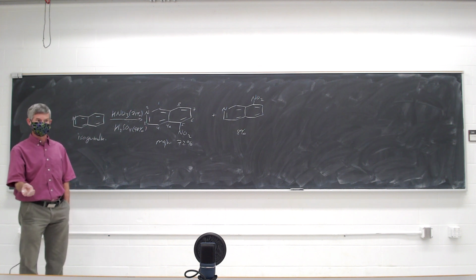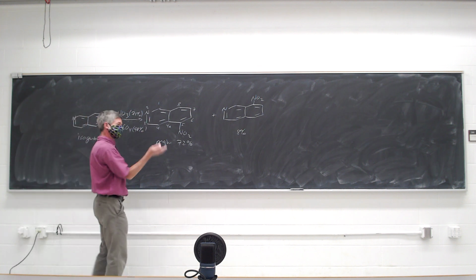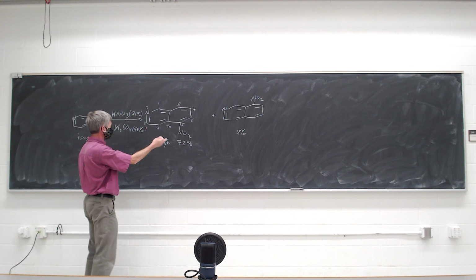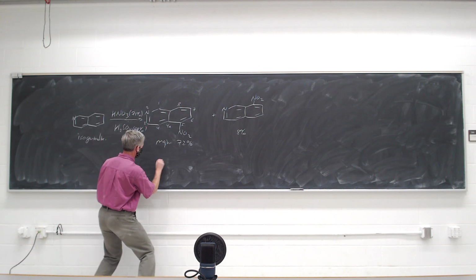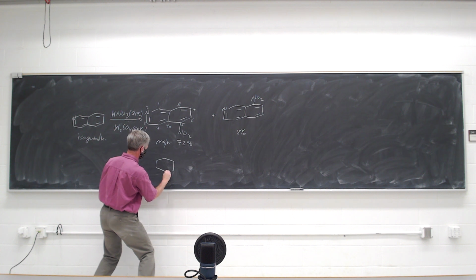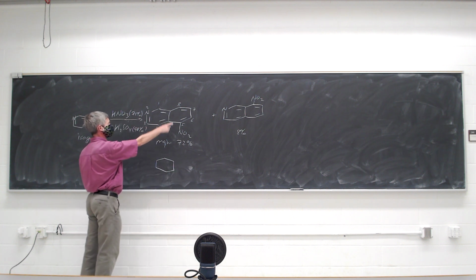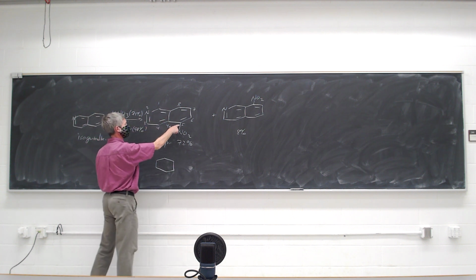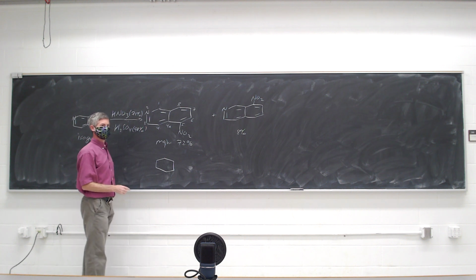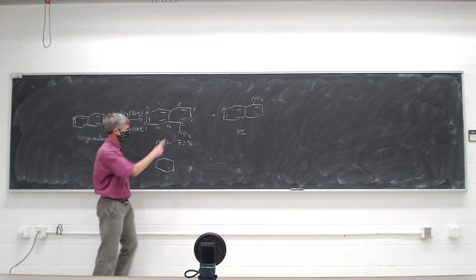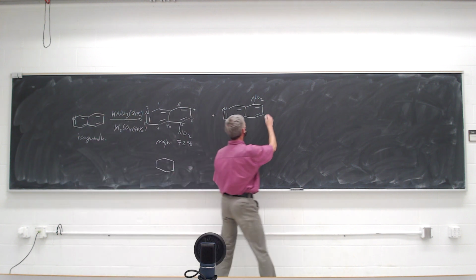Just as it did for naphthalene and quinoline. So instead of doing that, let's draw the shorthand and figure out where the positive charge is going to be. Inductively, which should be more reactive here? This one or the top one? Which one's closer to the nitrogen? So it should be less reactive.